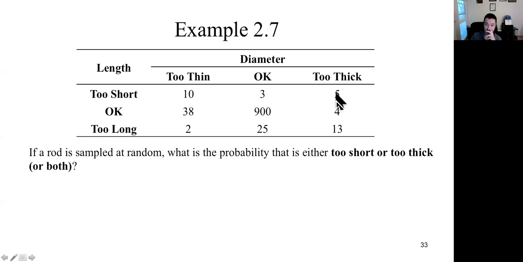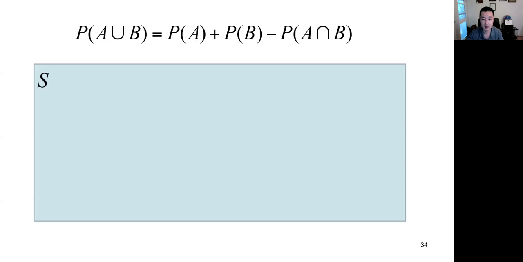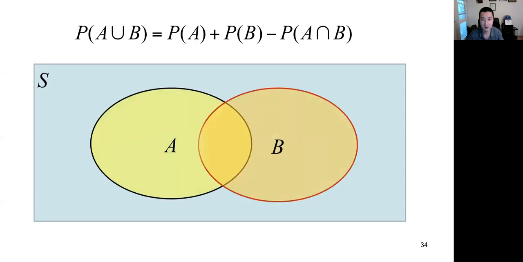Okay, so that means we need to use the equation: the probability it is too short or too thick is equal to the probability it is too short plus the probability it is too thick minus the probability it is both too short and too thick. Okay, I know it's kind of hard. Let me draw something here.